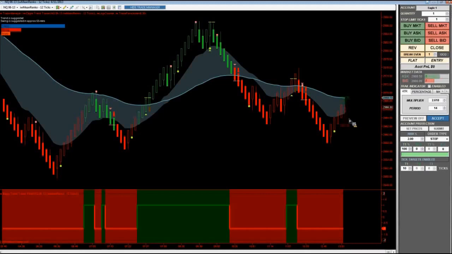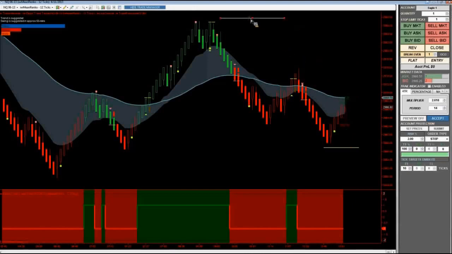Let me repeat that. If you are trading the same number of contracts on your account, regardless of how much risk there is, you are going to wipe out your account. The reason is you end up risking more. Say if we're going to short here and cover up here, if you're trading, say, 3 contracts all the time, you're going to risk a certain amount here. Let's say it's $1,000.